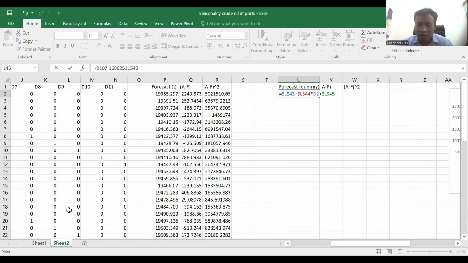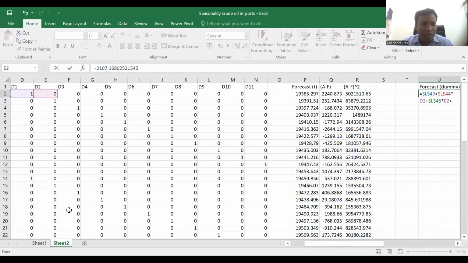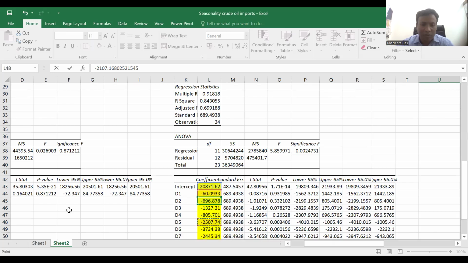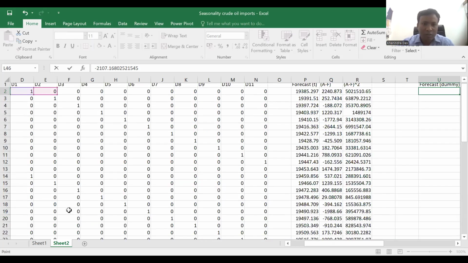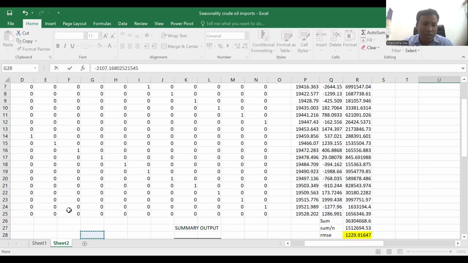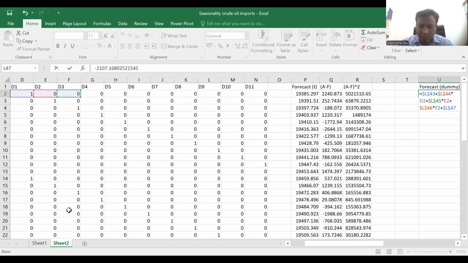It is not changing. Multiply it with its D2 value plus we have the D3 coefficient, which is also not changing, times the D3 value, then goes plus D4 coefficient, is here, not changing, into the D4 value, almost halfway.